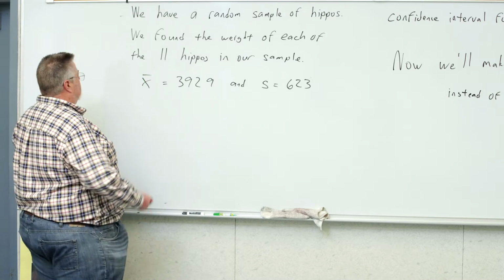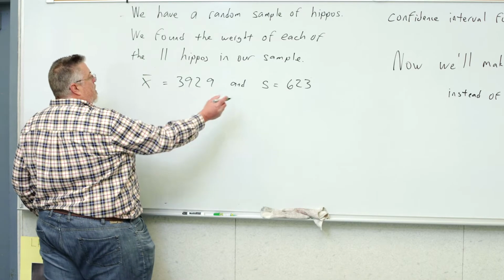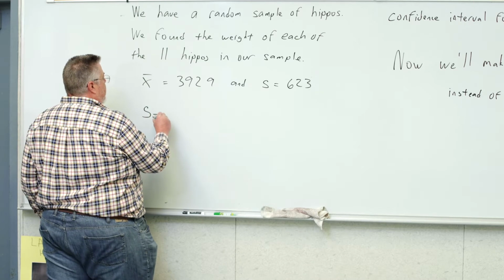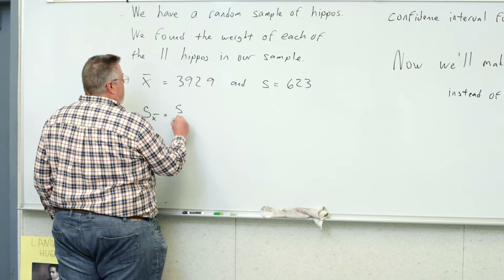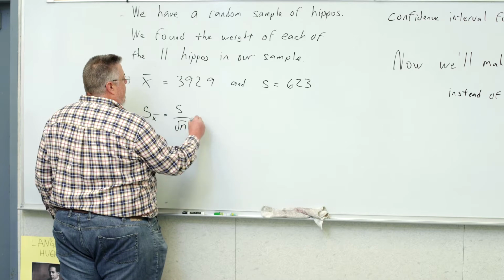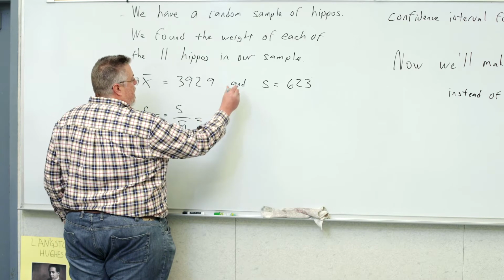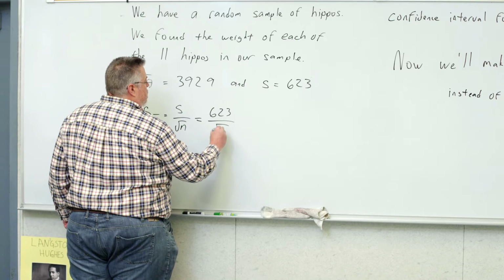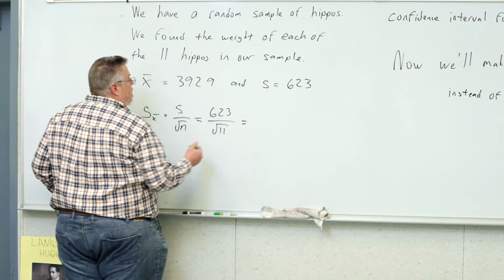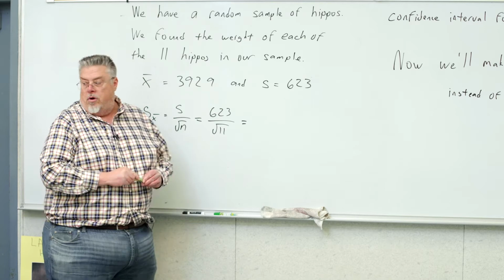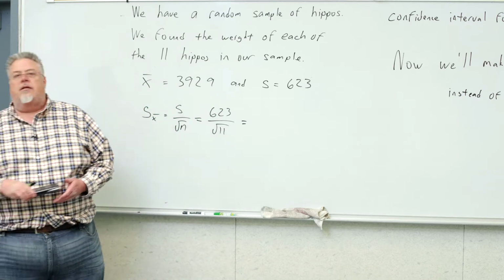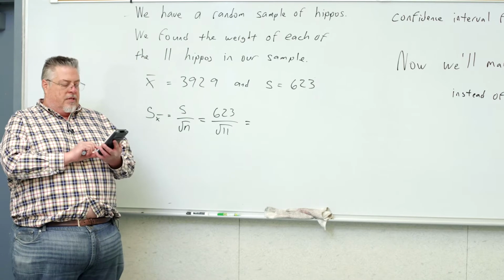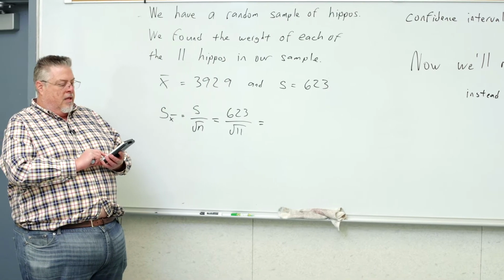Now, from here, I can find the standard deviation of x bar. That's going to be s over root n. In this case, 623 over the square root of 11. Again, you're better off keeping around more decimal points instead of less. But I'm going to slow down and do this on my calculator, give you time to do the same.